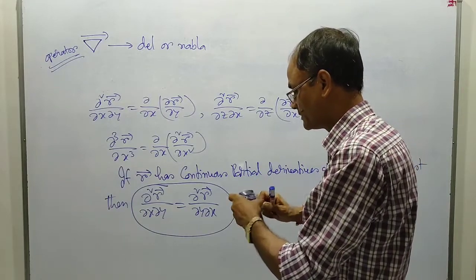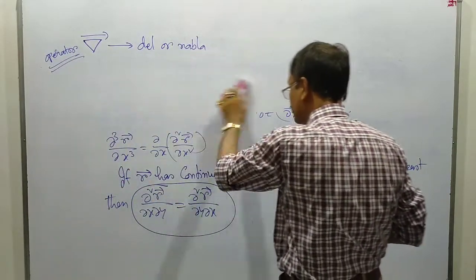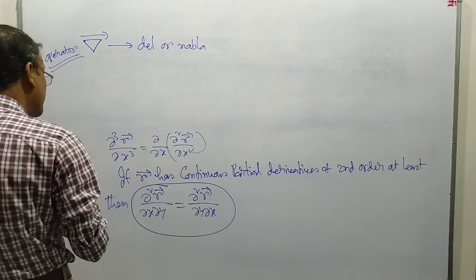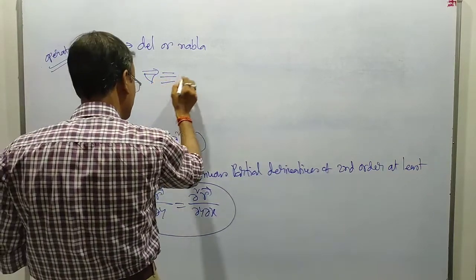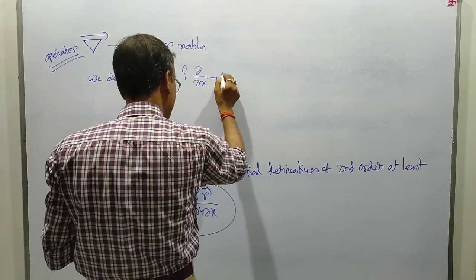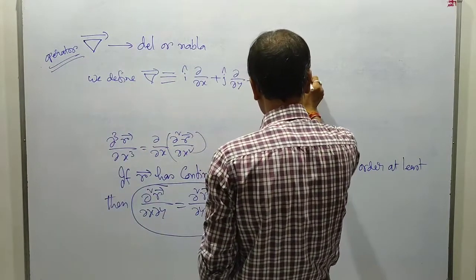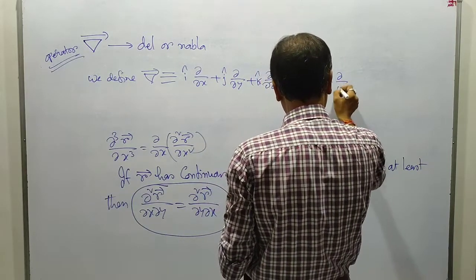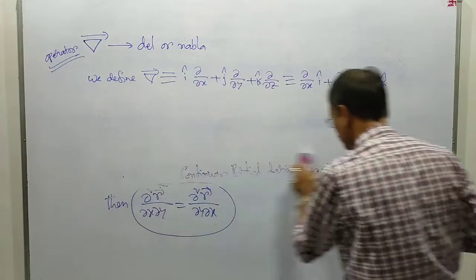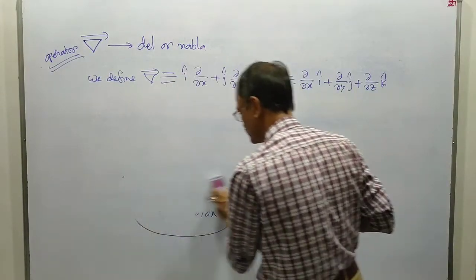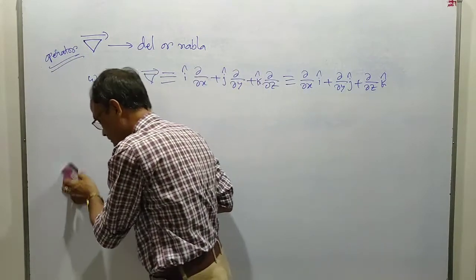We define this operator as equivalent to i cap del del x plus j cap del del y plus k cap del del z, or you may write del del x i cap plus del del y j cap plus del del z k cap. You may write it like this also.